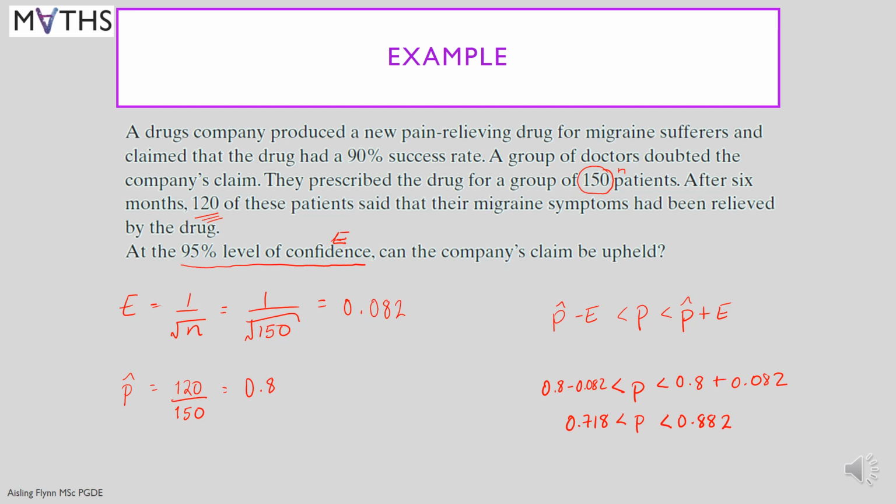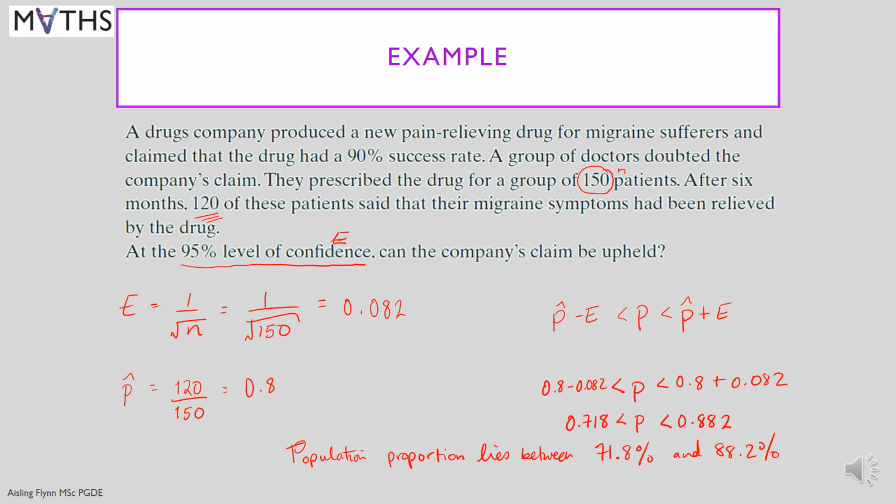So what does it say? The population proportion, translating to English now, lies between 71.8% and 88.2%. So what can we say about the drugs company, their claim?